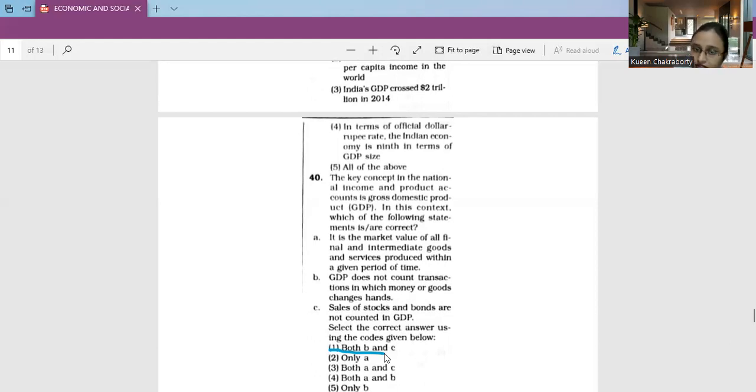For example, tires sold to automobile manufacturers are intermediate goods. The value of intermediate goods is not counted in GDP. If I take flour, it can be a finished product, but it can be an intermediate product for baking cakes. In that case, it will not be counted in GDP. We subtract that, or we do not consider that. So that is why for the 40th question, answer number 1, which is both B and C, is the correct answer.